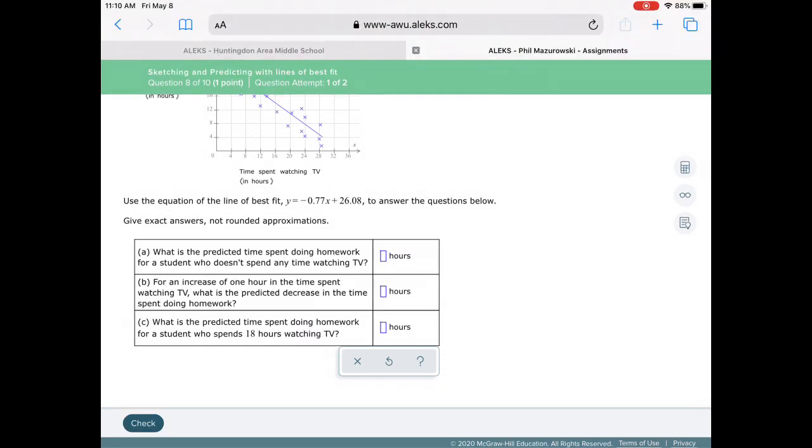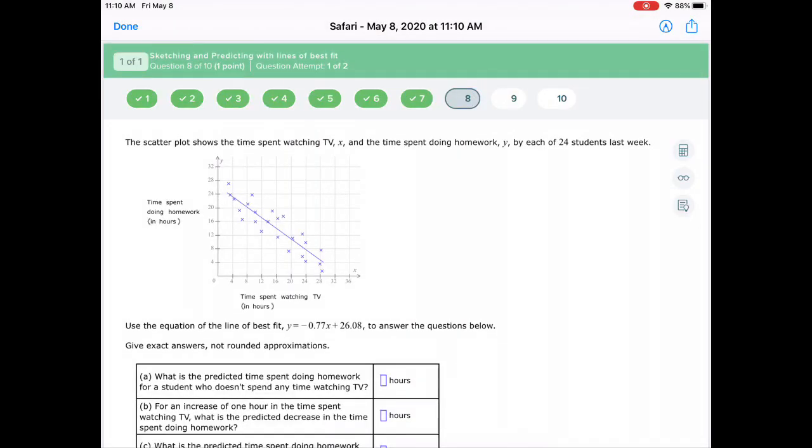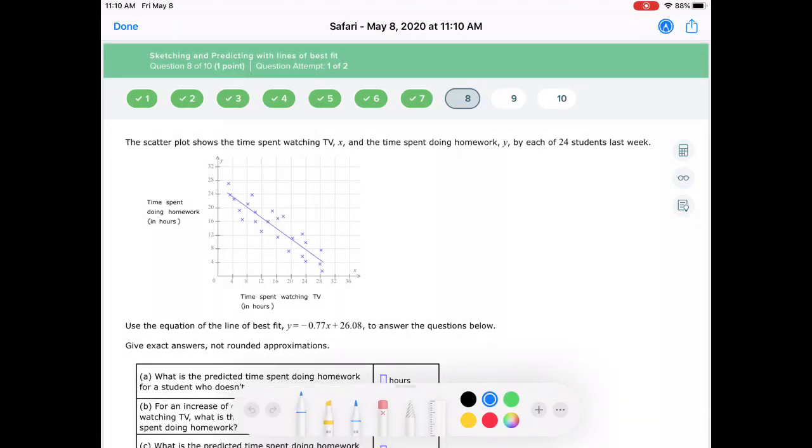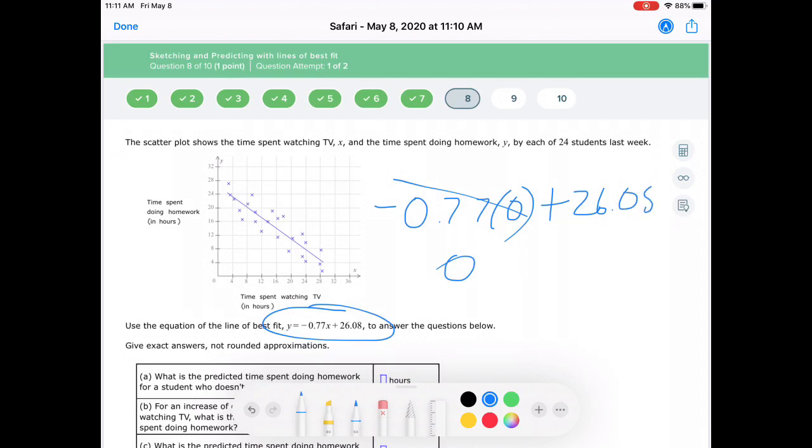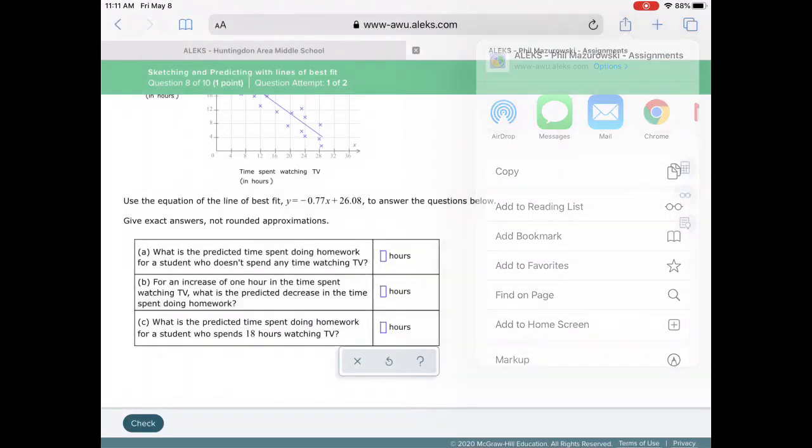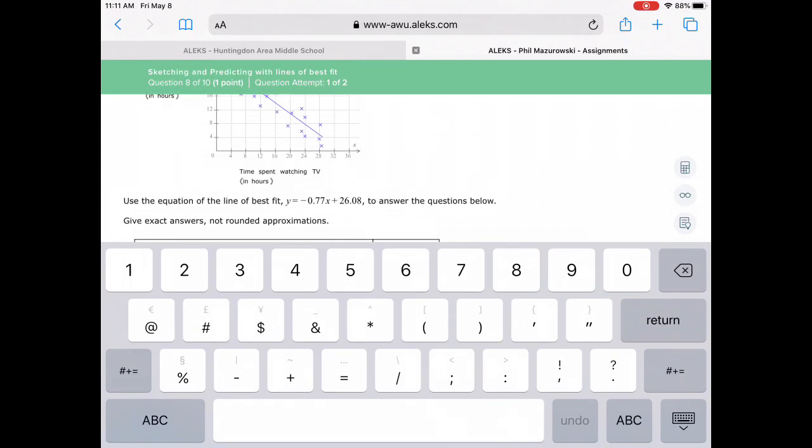If we put 0 in for X in this equation, it doesn't matter what we're multiplying 0 by, we just get 0 anyway. Then that's plus 26.08, and 0 plus 26.08 is just 26.08. So part A is going to be 26.08.